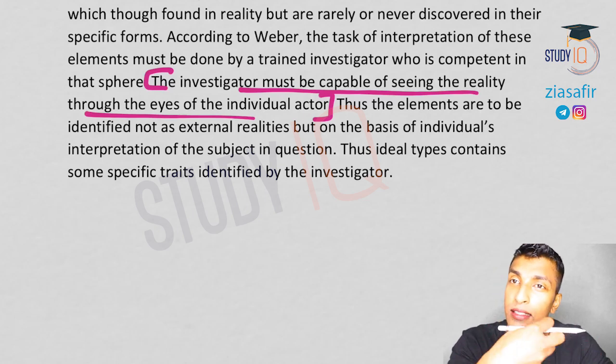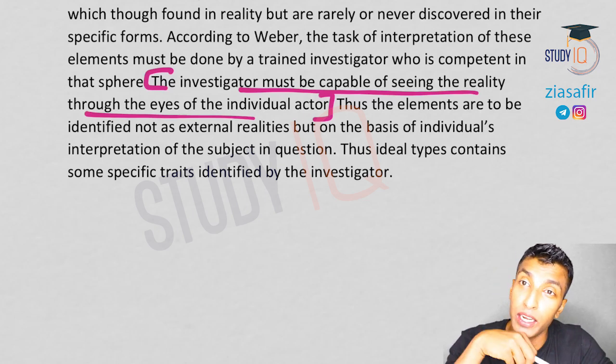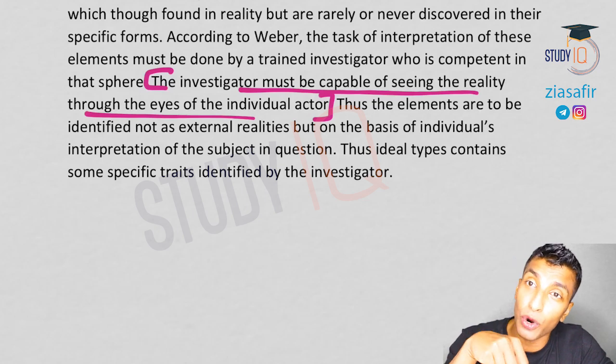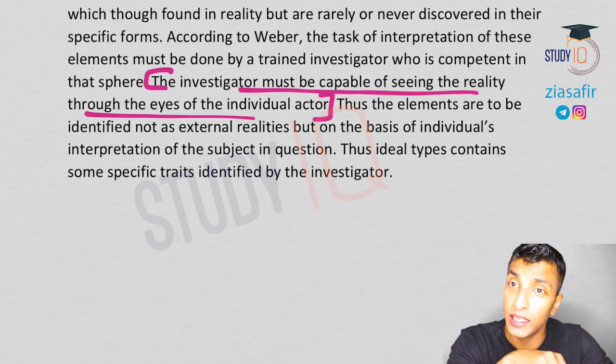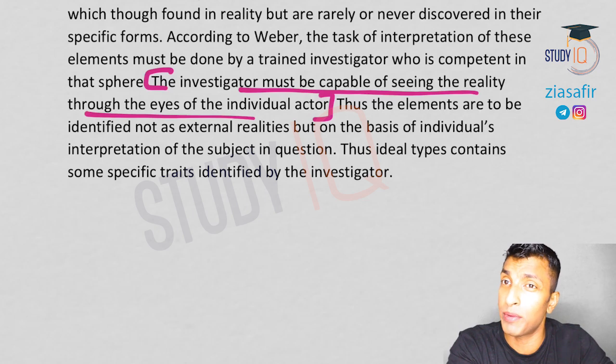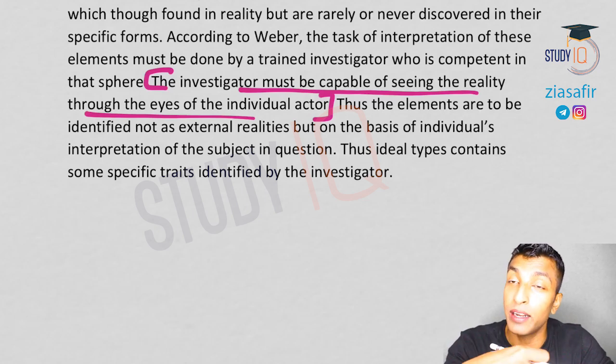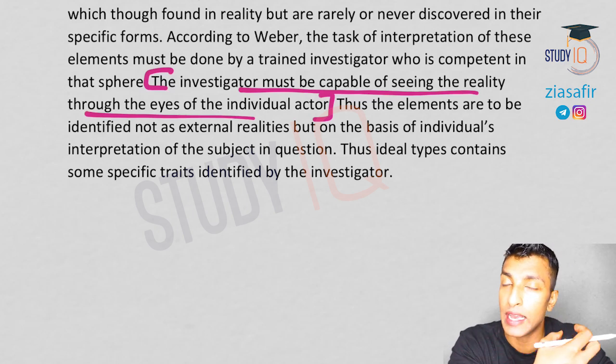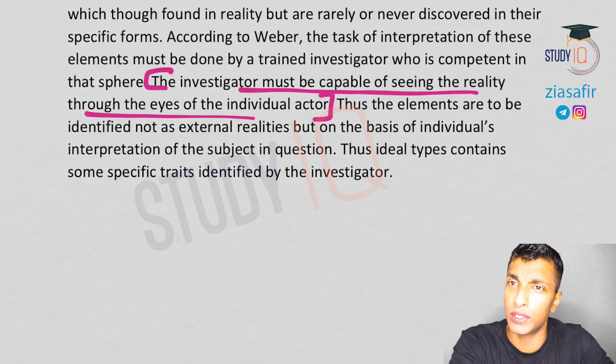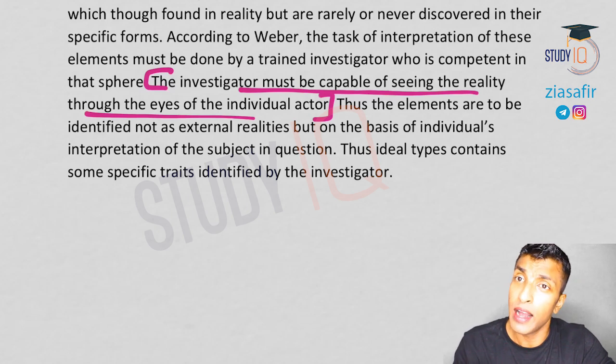Those external realities rest within the mind of the individual, and the individual takes action based on his own interpretation of that reality. Otherwise, if it is based on external pressure, everybody should have prepared for this exam, right? No, that is not the case. You are applying your mind. It's your own interpretation of the external reality, and you are preparing for this exam. So the action that you are taking has some influence of external reality, but not directly.